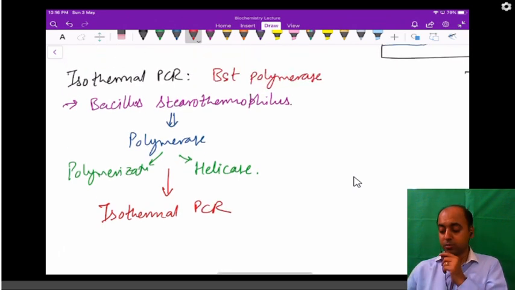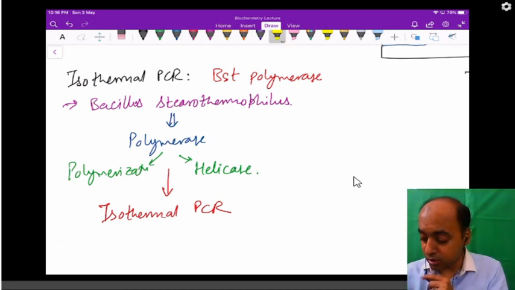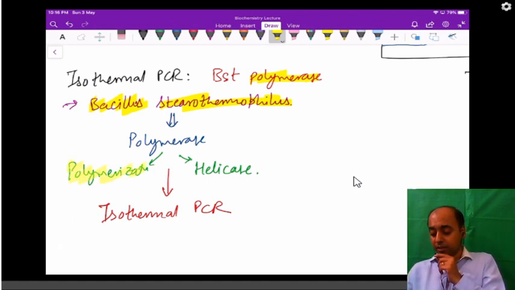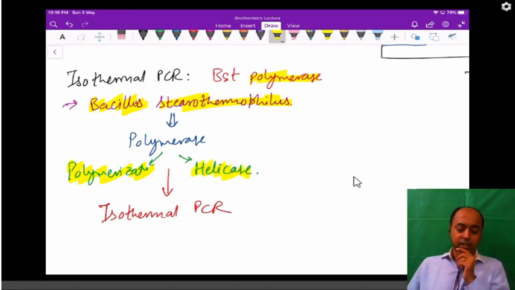Please note, isothermal PCR is now available in the market. Commonly, the enzyme used here is the Bacillus stearothermophilus polymerase. This enzyme has a unique property of carrying out the additional unwinding of the DNA.